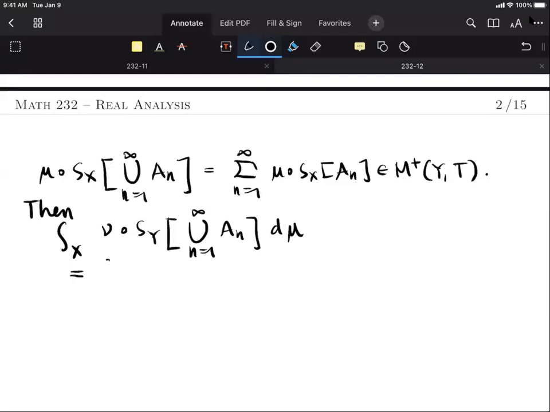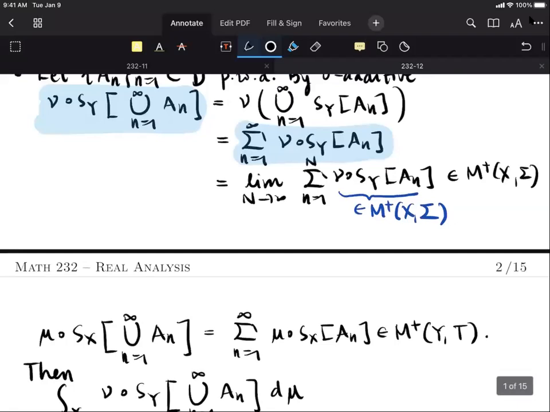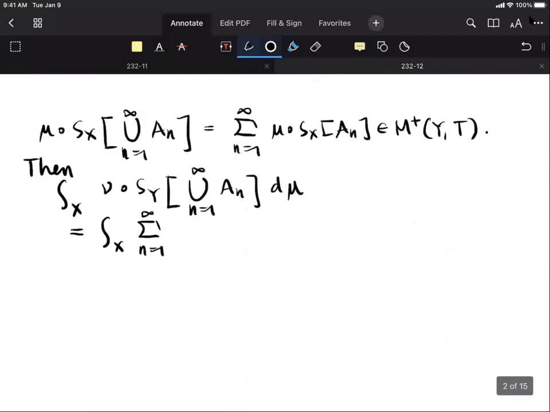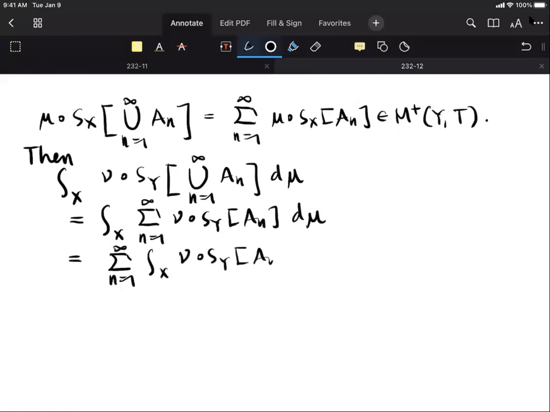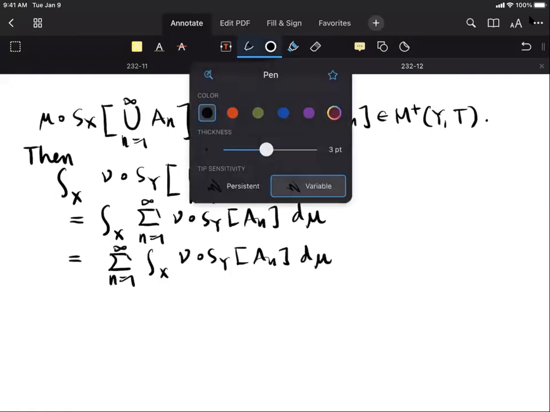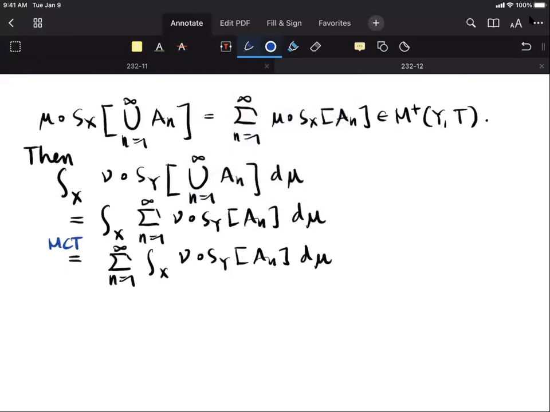And we know that this is according to the highlighted parts here. And we can interchange the sum and integration in virtue of the monotone convergence theorem.